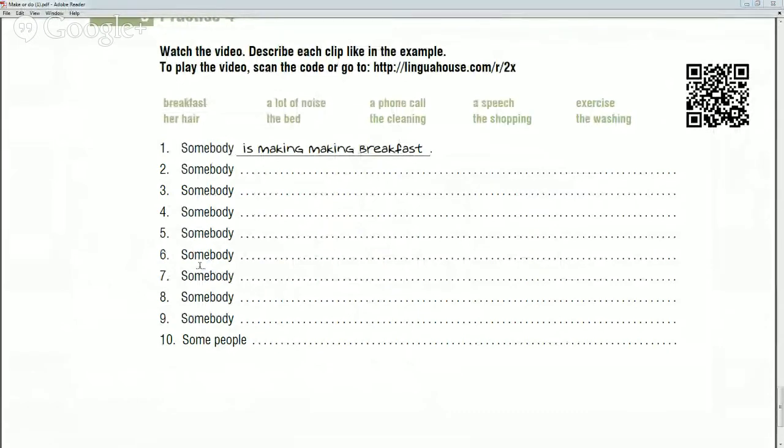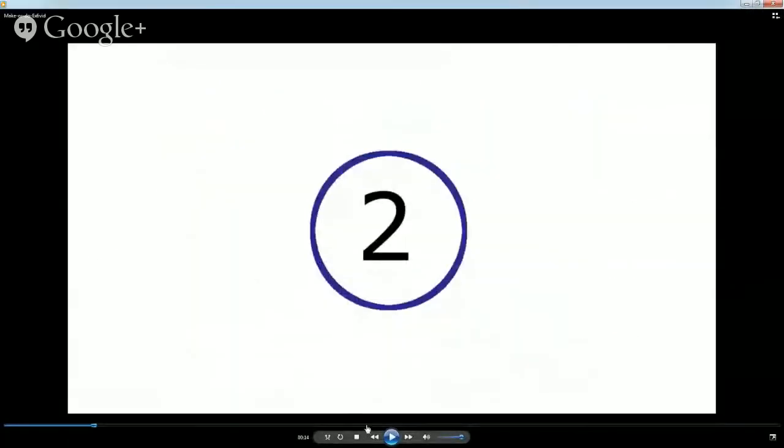What type of breakfast was she making? Omelette. Okay, so we can say she was making an omelet. Okay, all right. So let's go to the next one.